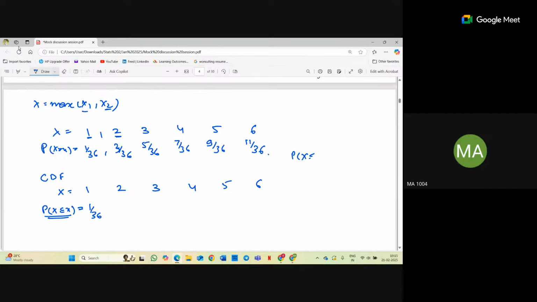That would be the probability of X equals 1 plus the probability of X equals 2. The probability of X equals 1 is 1 by 36 plus the probability of X equals 2 is 3 by 36, which will be 4 by 36. So when X equals 2, the CDF is 4 by 36.